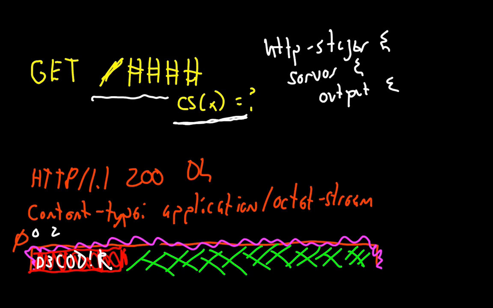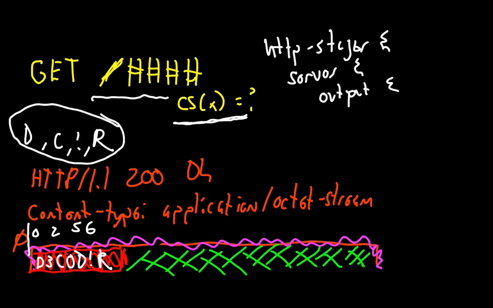So 0, 1, 2, 3, 4, 5, 6. So if I were writing a signature against this, I would say if the byte at offset 0 is value D, and the byte at offset 2 is value C, and the byte at offset 5 is an exclamation point, and the byte at offset 6 is R, I might conclude this is the Cobalt Strike staging protocol.